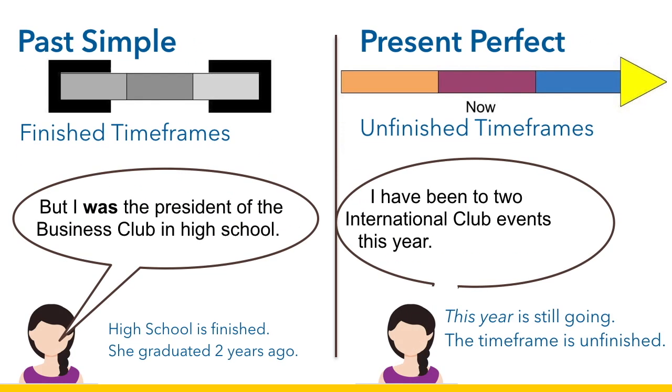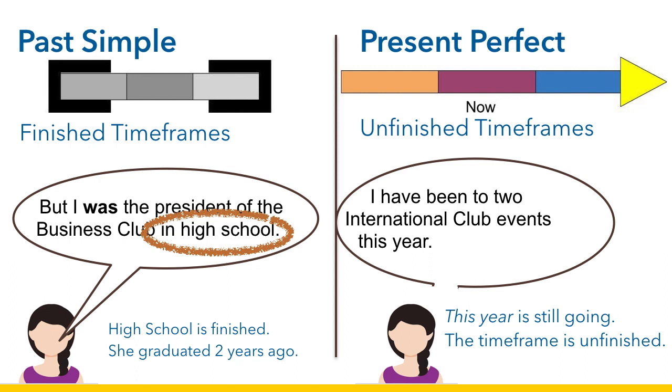For example, when Rachel says she was the president of the business club in high school, she uses the past simple because in high school is a finished time. She graduated 2 years ago, so her high school time is done.